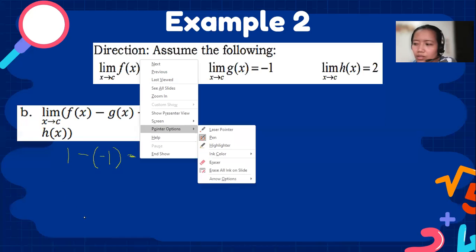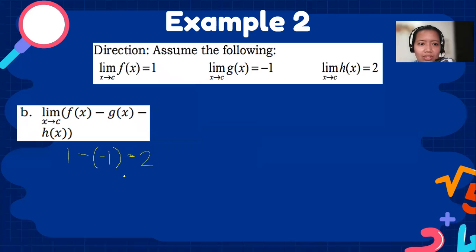So, okay, we have 1 minus negative 1 minus 2. What's the answer? We will have this as 1. This one becomes positive. That becomes 2. Minus 2. The answer is, yes, in the chat box.